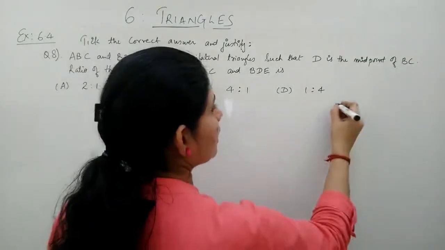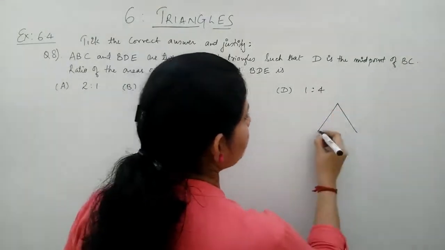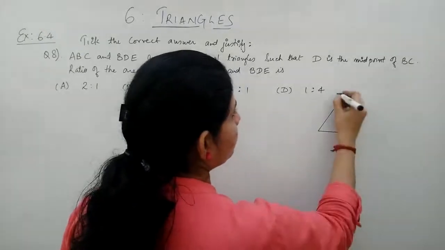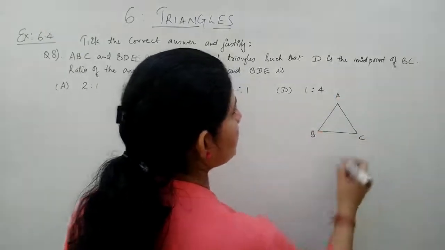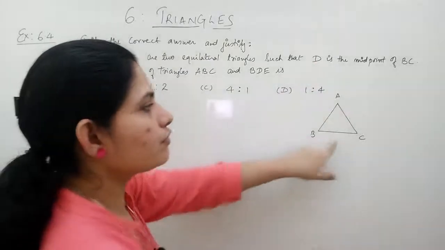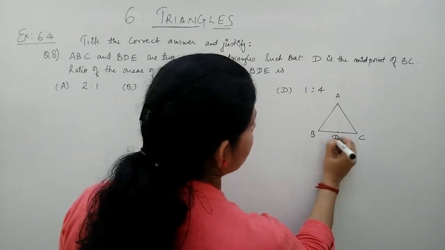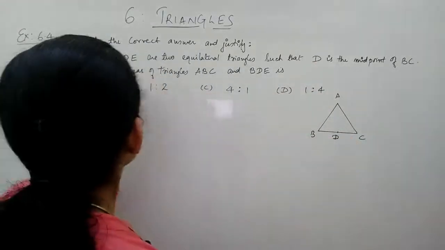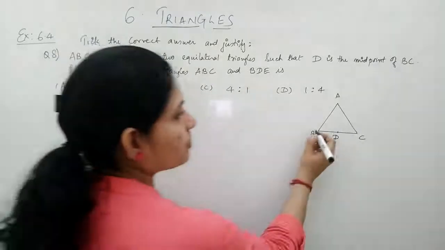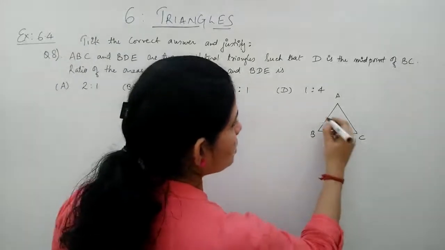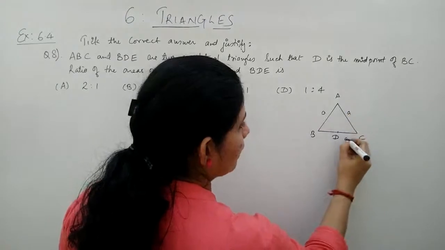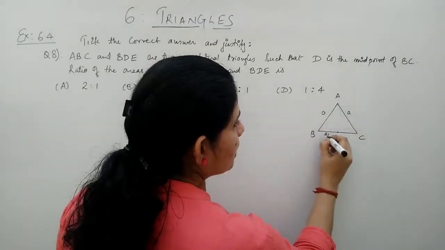So first I am taking an equilateral triangle ABC, and they are saying that you have to take D as the midpoint of BC. So suppose this is D, and you are considering BDE. So BDE and one more point. Suppose the sides are A, so you will get this side to be A by 2.